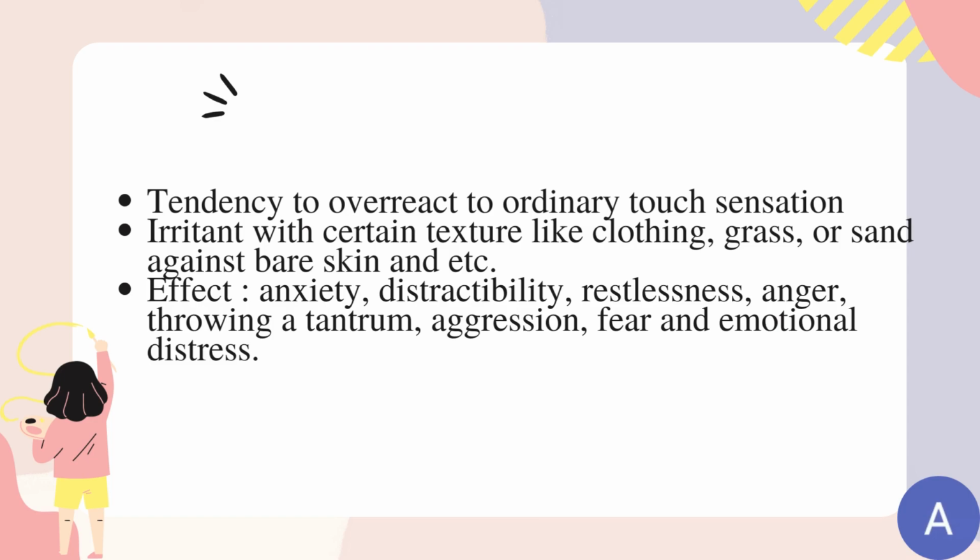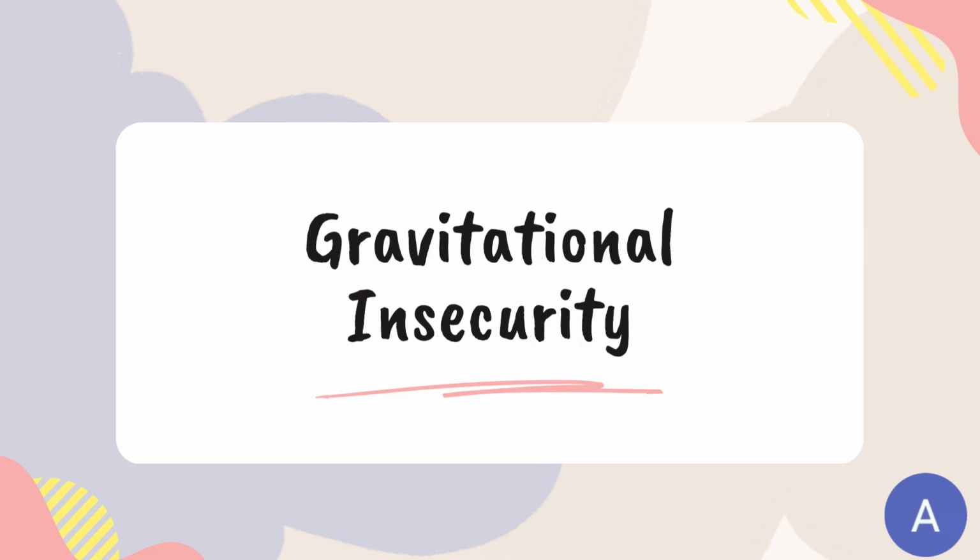This kid shows their sensitivity, and then they will feel anxiety, distractibility, restlessness, anger, throwing a tantrum, aggression, fear, and emotional distress. Apart from tactile defensiveness, the child may also have a problem with gravitational insecurity. I will explain more about this after the next slide.